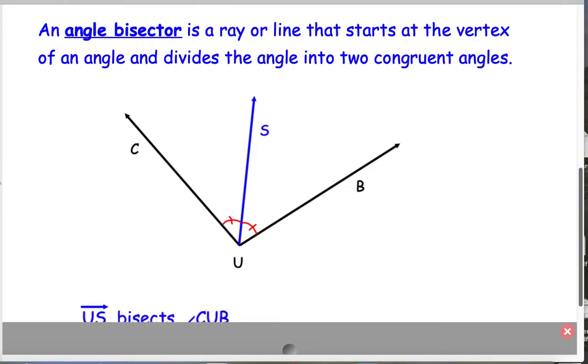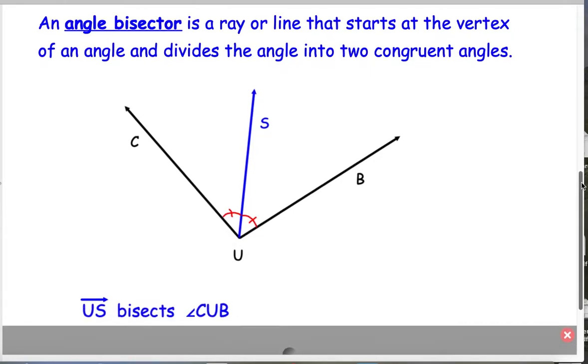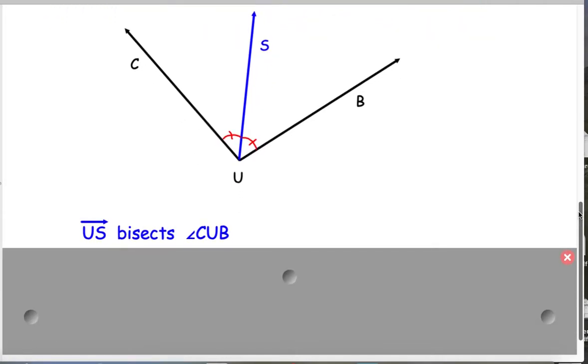Okay, so if I tell you that ray US bisects angle CUB, that means that this smaller angle has the same measure as this smaller angle. And we mark angles with curves. So that's one way to mark that the angles are congruent. Another way we could have marked it is maybe with two double curves.